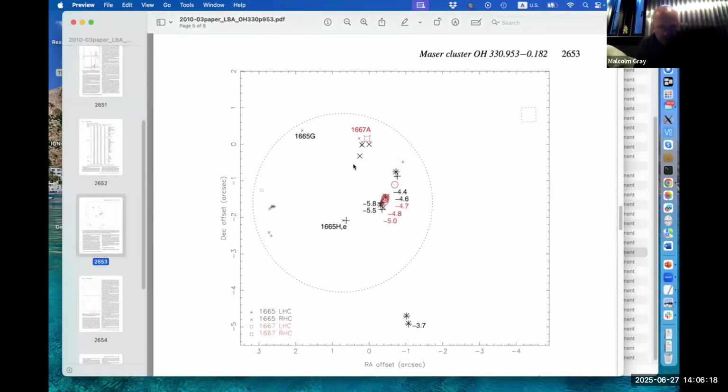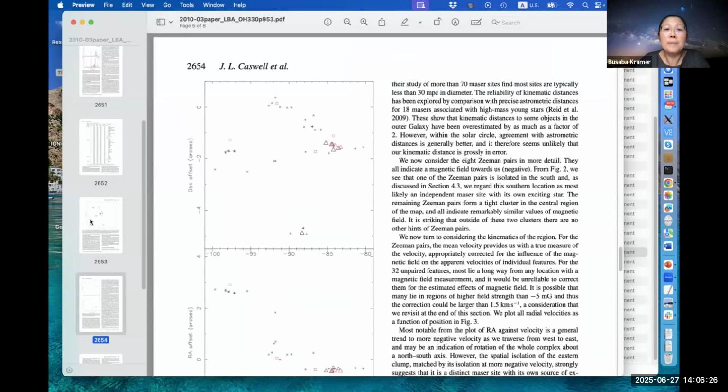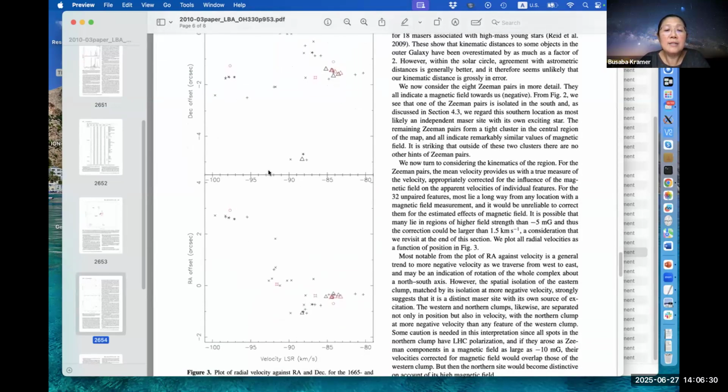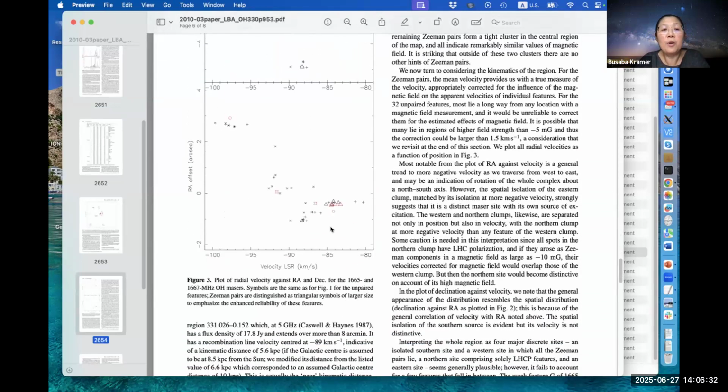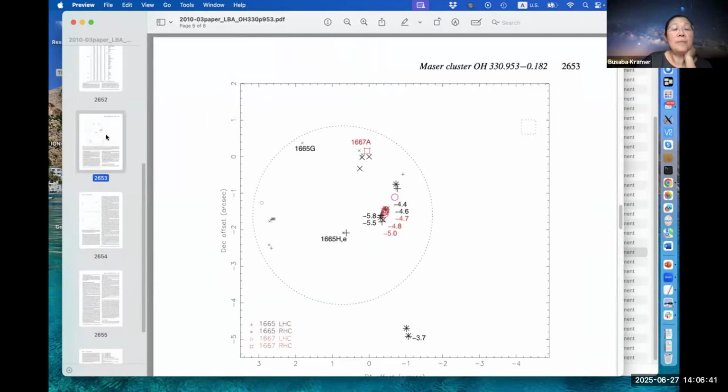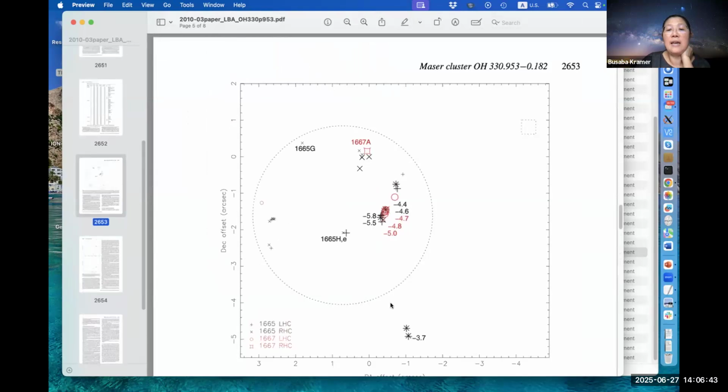I noticed there are several Zeeman pairs in the table. Yeah, certainly. But I think I have to go back and check whether it was actually confirmed. Certainly you can see this is the way we plot the distribution of different velocities, but I think the main idea is to see where it's actually flattening.